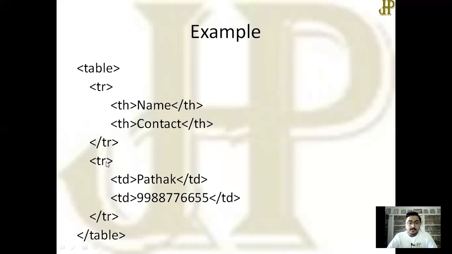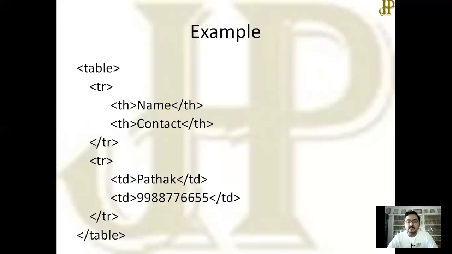Now, in the second row, I am going to store data. So we need the TD tag. Here I have given the name, and after that in the second cell, the phone number is to be stored.